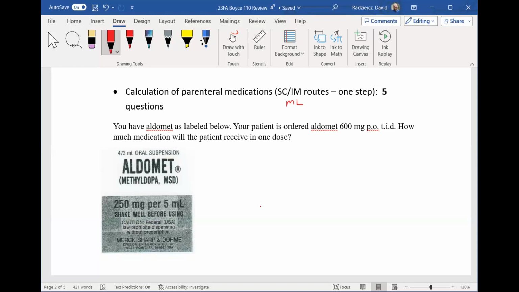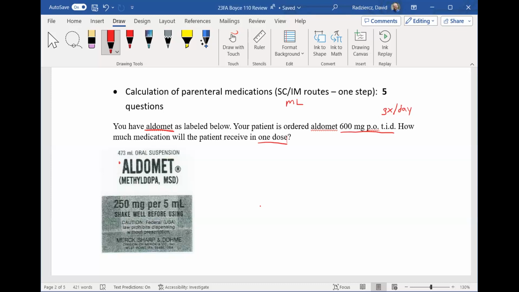We want to first of all make sure we're using the right medication. So it's Aldamet. Then it says your patient is ordered 600 milligrams by mouth TID. TID tells you it's 3 times per day. That may or may not be important. And in this instance, it's not important because it just says how much would we administer in 1 dose.